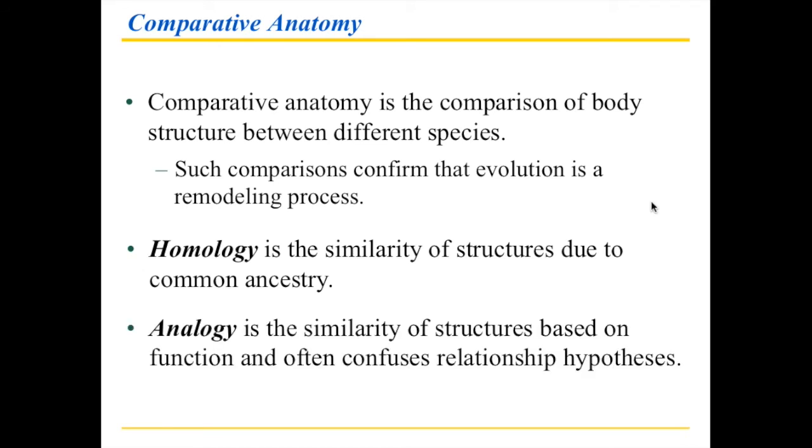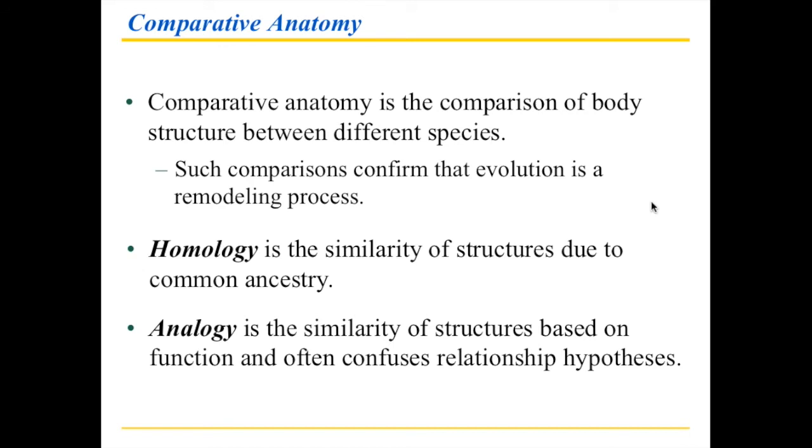Now, in contrast, an analogy is the similarity of structures based on function. If you look at the seagull and the eagle, it's clear that they're related because they're both birds, and that's what makes their structures homologous. But if you look at the eagle and a dragonfly, they have wings, yes, but they're very different wings, and even though they both use their wings to fly, there's a great difference between those.